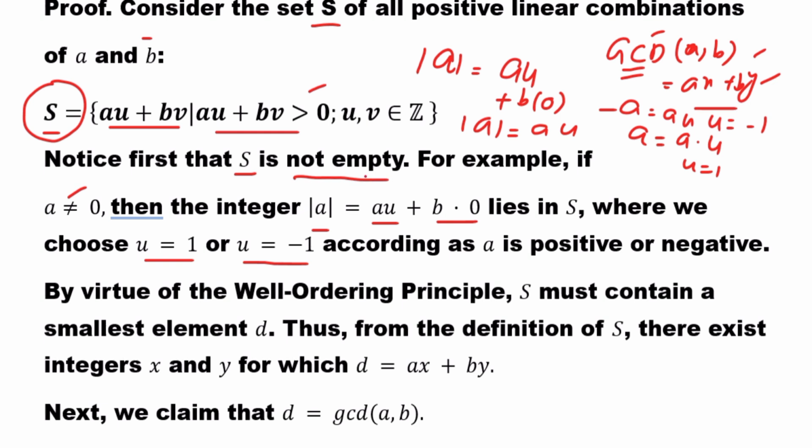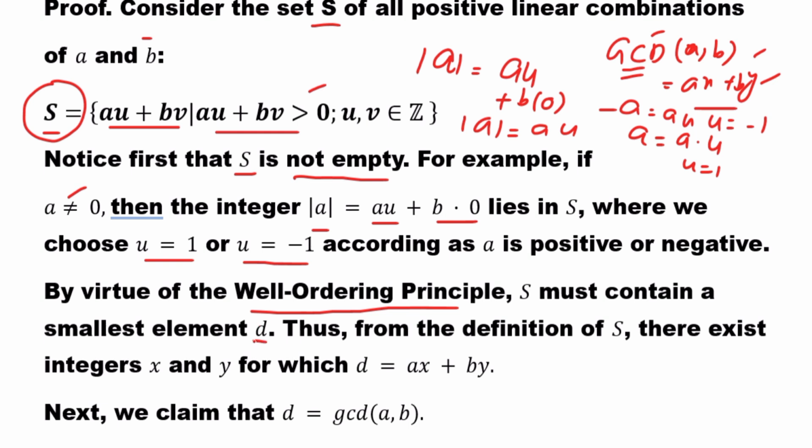So these two things guarantee that we can use the well ordering principle. What is the well ordering principle? The well ordering principle says that every non-empty set of positive integers has a least or smallest element. So by virtue of the well ordering principle, S must contain a smallest element d.